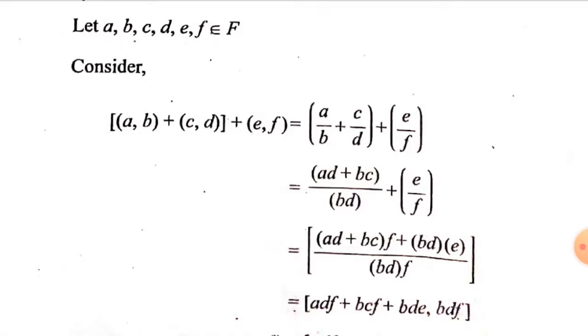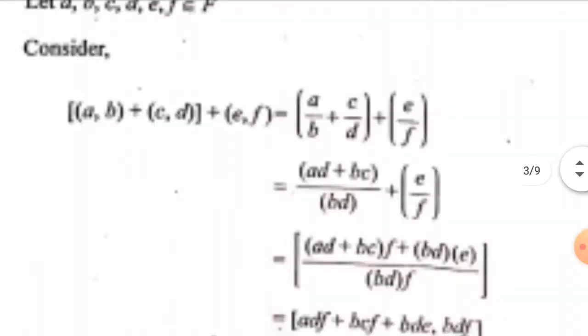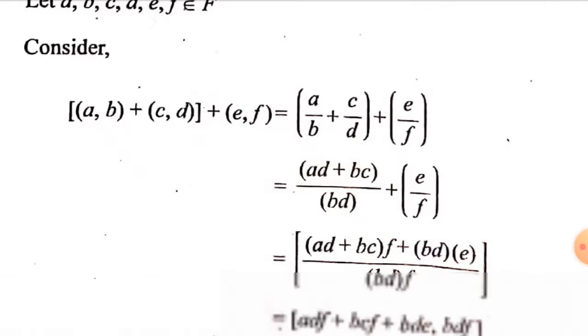See, in the starting we took (x, y) equals x by y. The same way this (a, b) can be written as a by b, plus (c, d) equals c by d, plus (e, f) can be written as e by f.